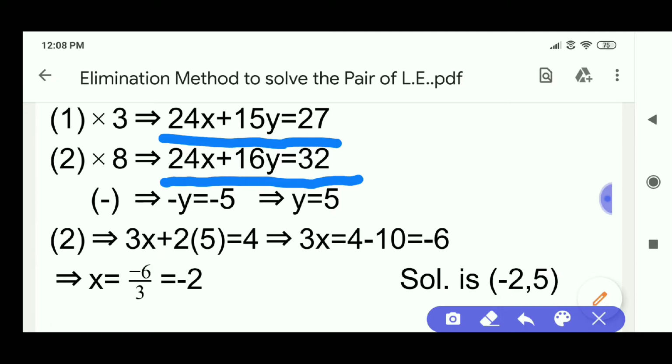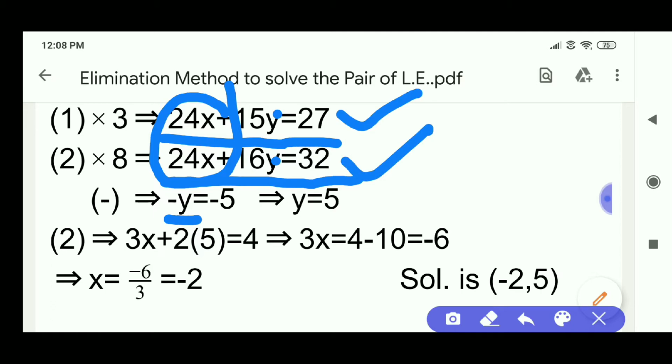By subtraction, x will be eliminated, and 15y minus 16y is -y, 27 minus 32 is -5. So we obtain y = 5.